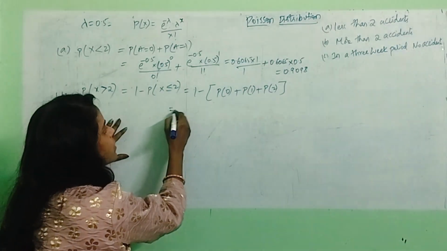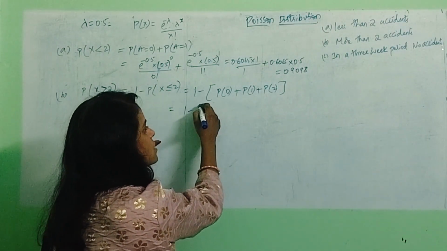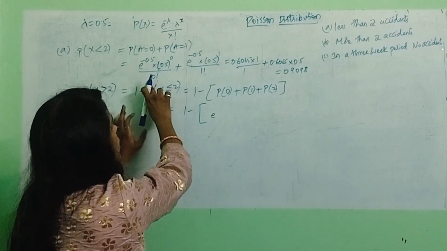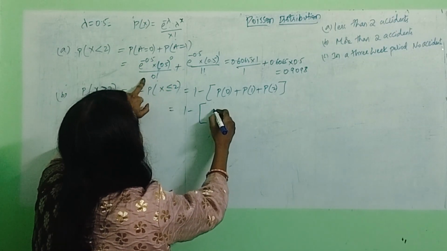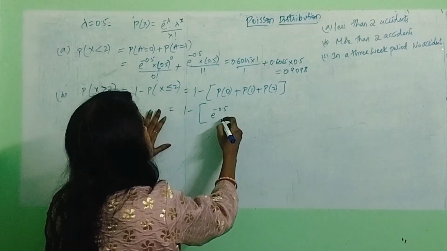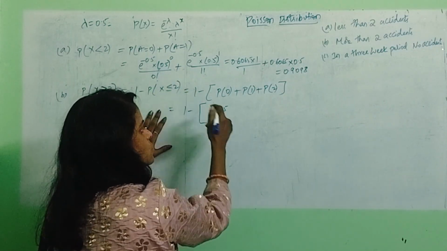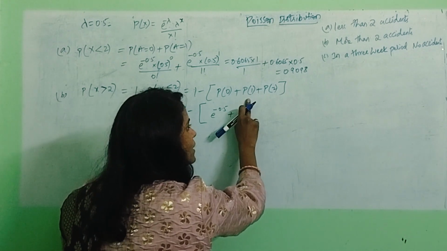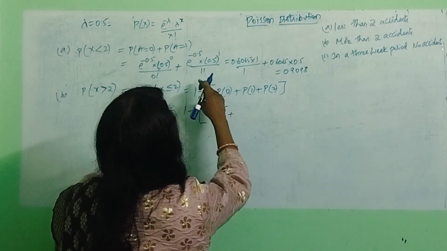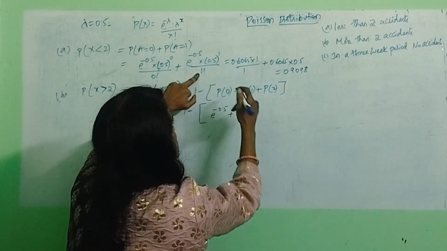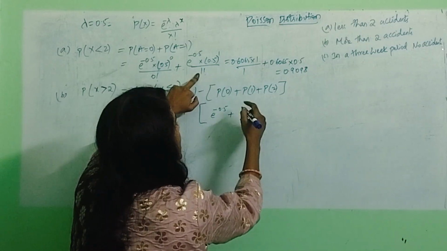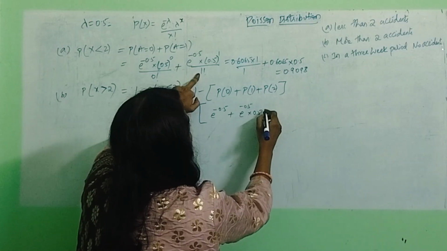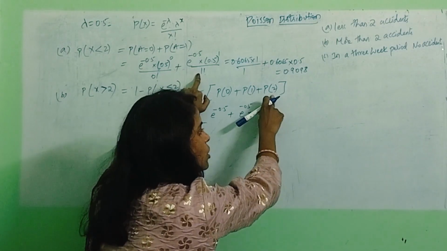So how to write this value? 1 minus, what is P of 0? We have already done this value. It is e power minus 0.5. So directly I'll write e power minus 0.5 plus, what is P of 1? I'll write the value directly because we have already done it: e power minus 0.5 into 0.5, plus, what is P of 2 now?